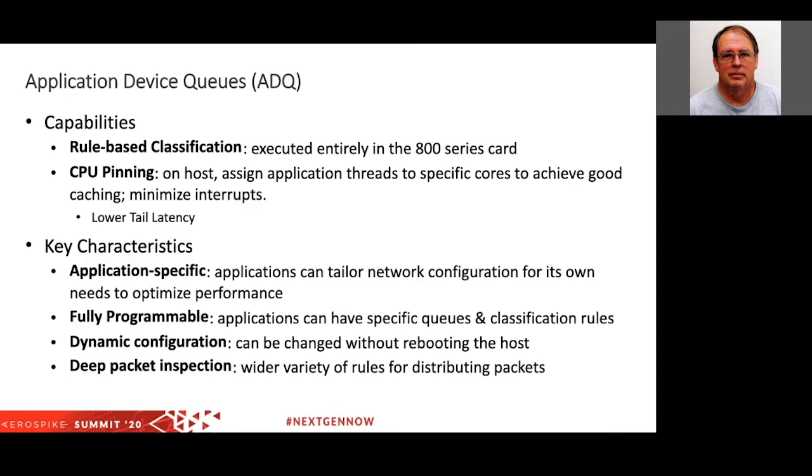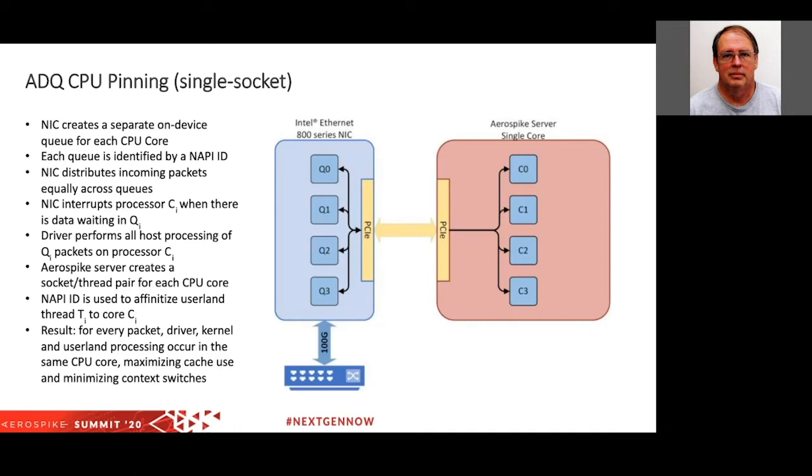And as I said, it is fully programmable. It is dynamic. You can change the configuration without having to reboot the host. And those rules can even look inside the packets. Aerospike doesn't necessarily need all those capabilities, but if you're trying to prioritize video streams, that level of granularity can be very helpful.